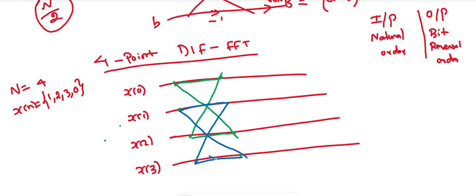The lower wing should have -1. This also should have -1.